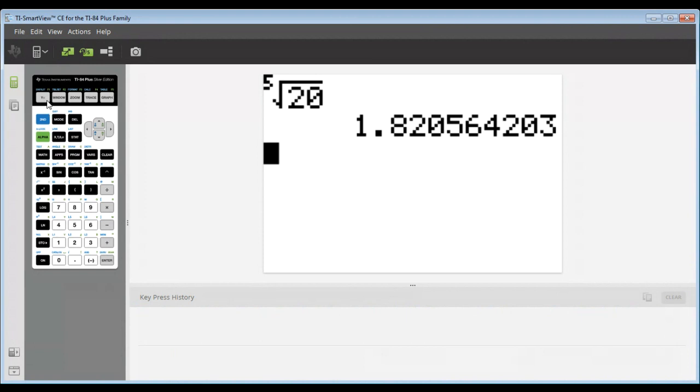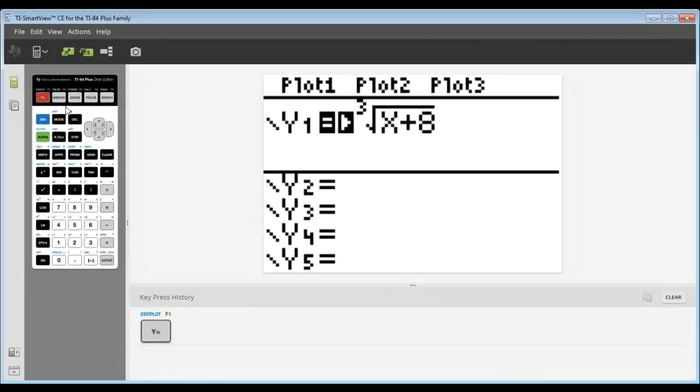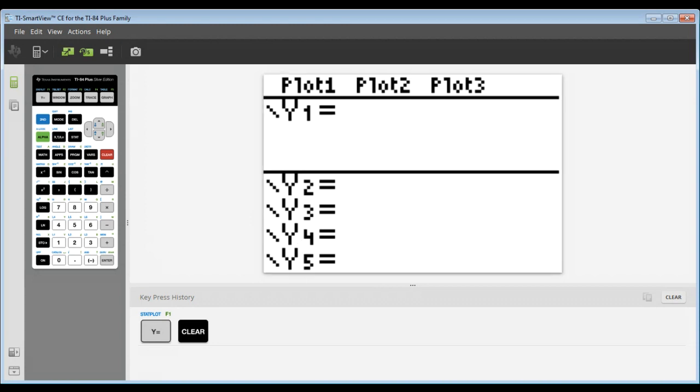Okay, so let's go to y, and then we're going to clear this. So we have to put in the square root of 10 minus 3x, right?